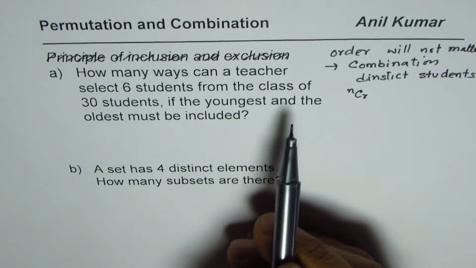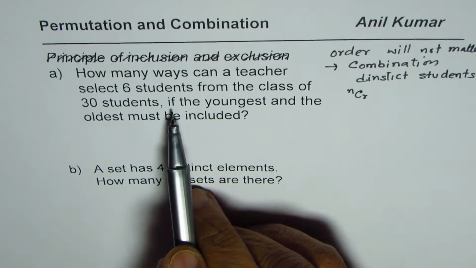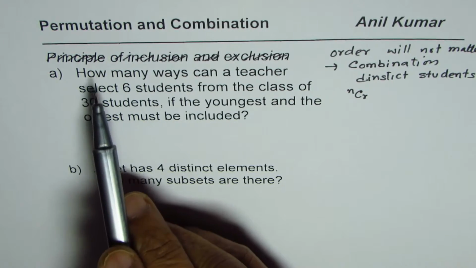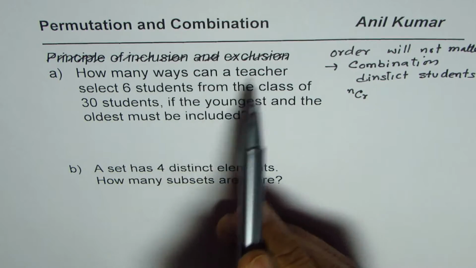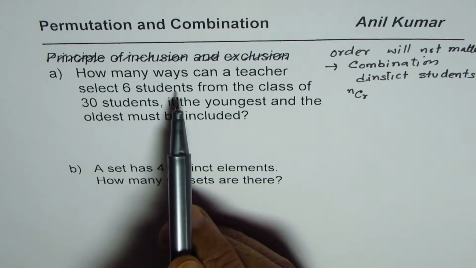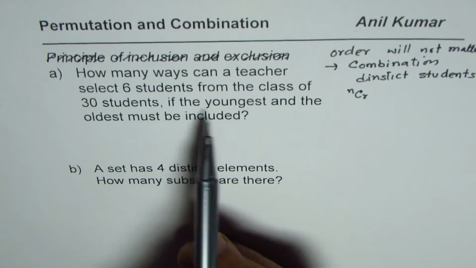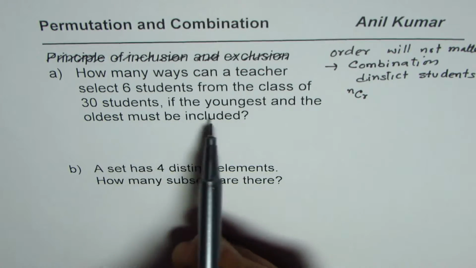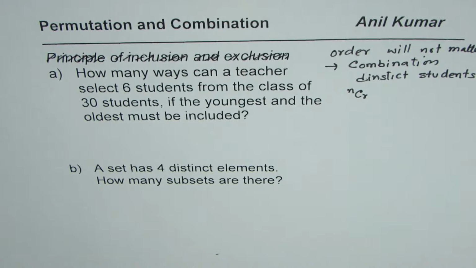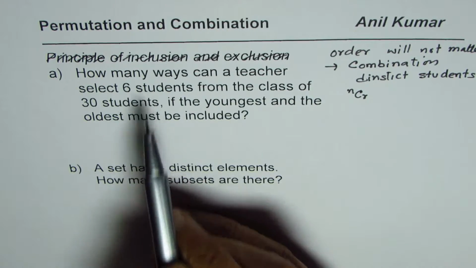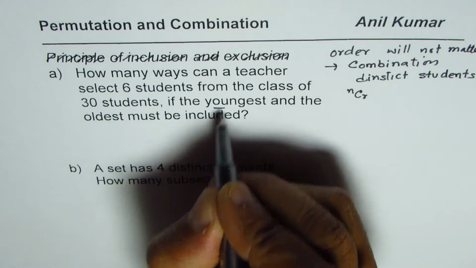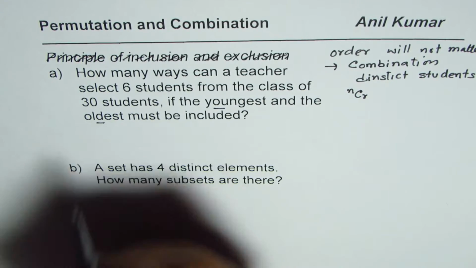And now let's look into further conditions given in this question. It says, how many ways can a teacher select 6 students from the class of 30 students if the youngest and the oldest must be included? That means amongst the 6, we already have 1 which is youngest, 1 which is oldest.